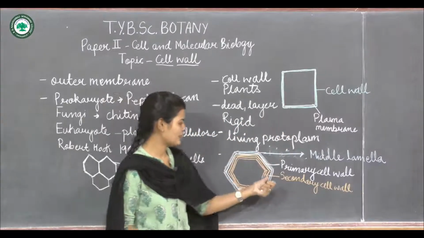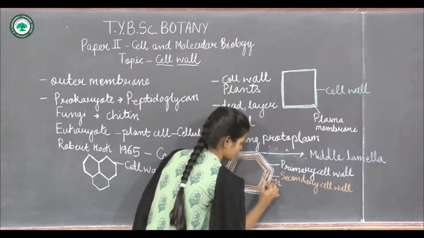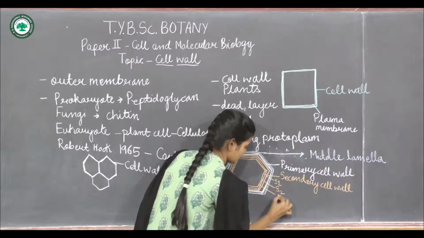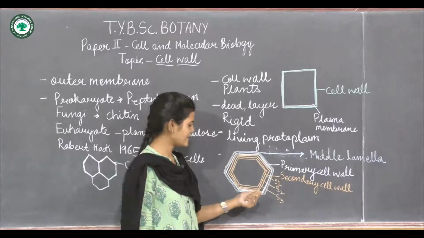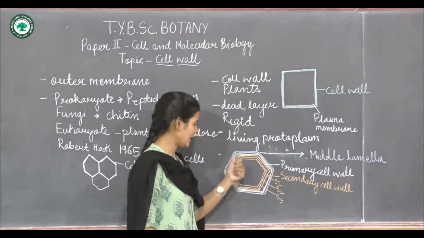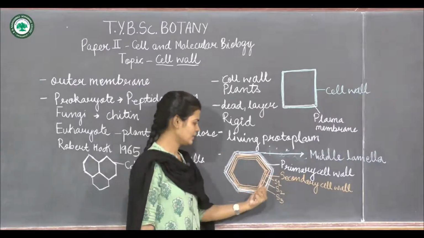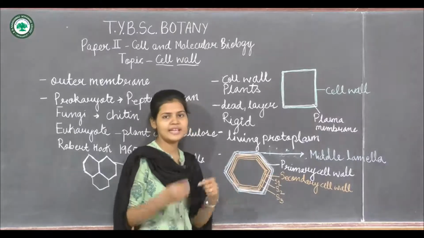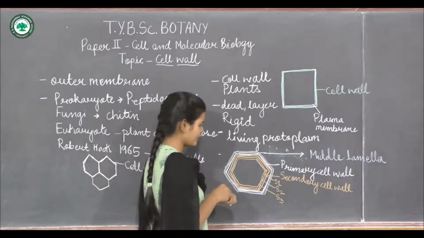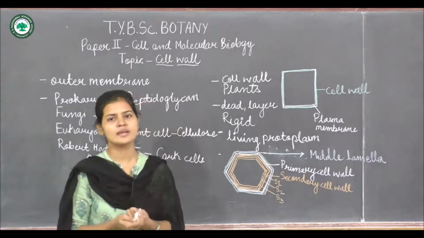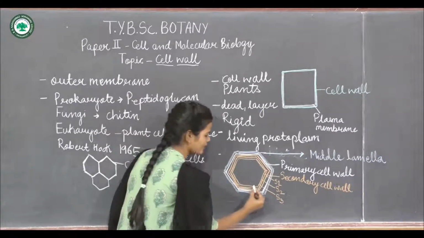The secondary cell wall is made up of three layers: S1, S2 and S3. They are all made up of a similar composition, but the layers are laid down in different orientations. After that, there is one more layer, which may be present in some cases and absent in others. That is the tertiary cell wall.